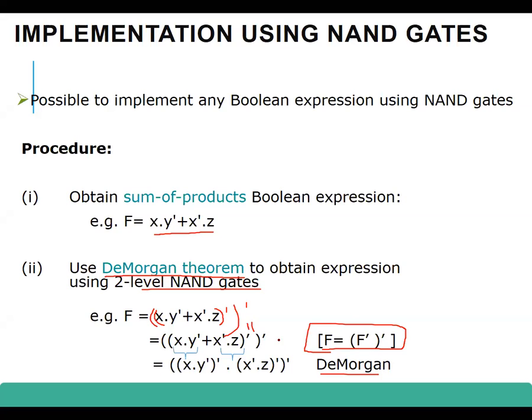Then we apply De Morgan's theorem term by term, and you end up with this. So if I write it here, it's (xy' + x'z) complement.